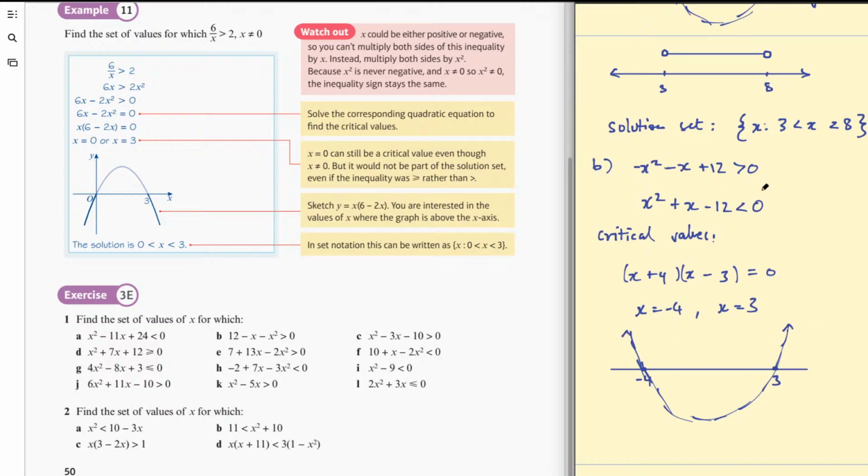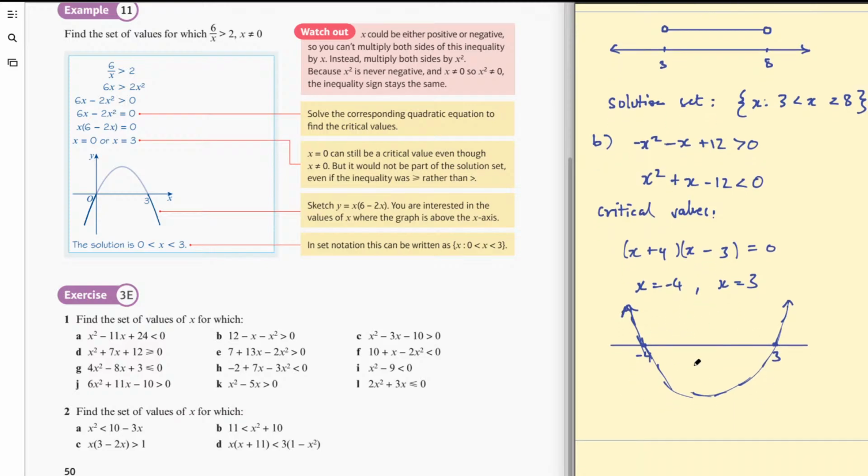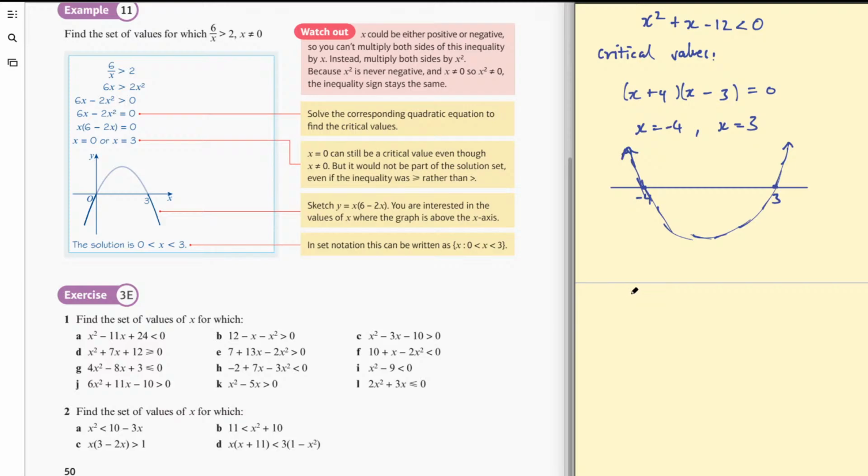If you're solving this one, remember to draw it around the other way. But you can see, even if you drew it that way, we'd still be looking for the same section between -4 and 3. So now I can say my solution set is x between -4 and 3.